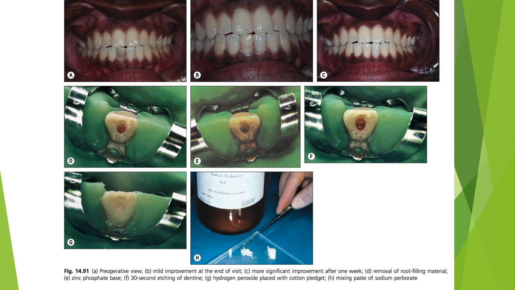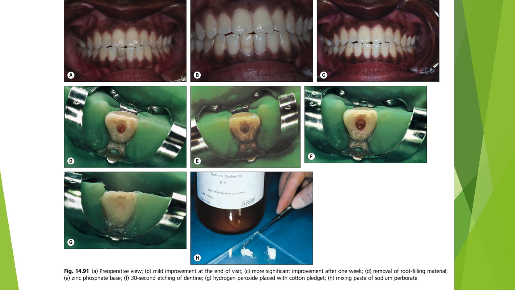So on these photographs, you can see that the patient is suffering from discoloration of the mandibular right central incisor, most likely because of leaving root filling material inside the tooth or inside the pulp chamber. Rubber dam isolation has been applied. The level of the gutta-percha and the root filling material has been reduced to around 2 millimeters below the cemento enamel junction.